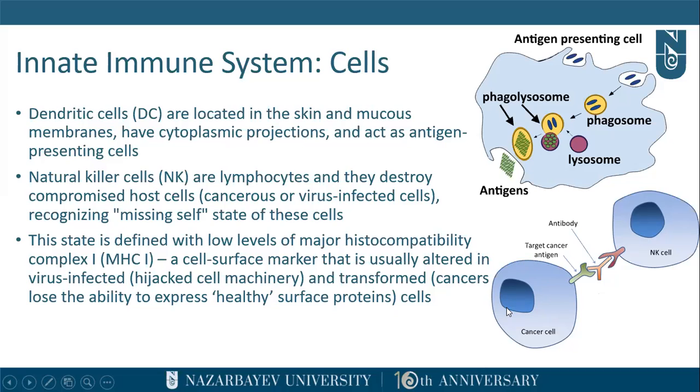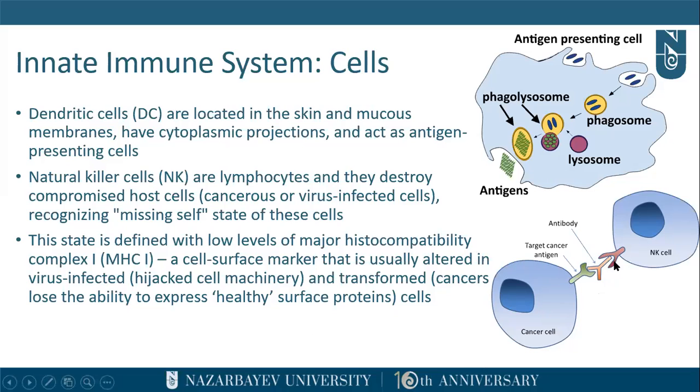Okay, so a very important part here is that these NK cells can actually see the cancer cells, because we have healthy cells, and we also have non-healthy cells that can be either infected cells or cancer cells. How can NK cells differentiate between the good cells and bad cells?